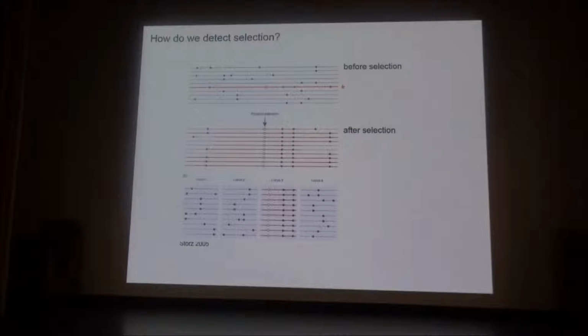Detecting selection is pretty complicated, but the basic premise of it is actually kind of simple. Like I said in the previous slide, you have some locus, here the white locus, that is an adaptive locus, and this increases the fitness of the individuals that have it in the population.